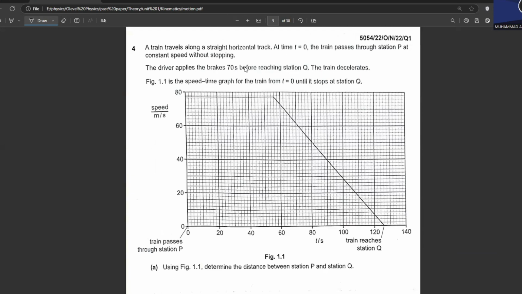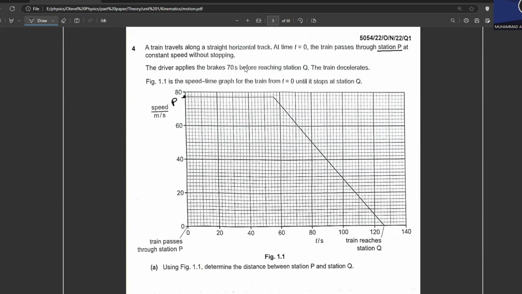A train travels along a straight horizontal track. At time t = 0, the train passes through station P at constant speed without stopping. The driver applies the brakes 70 seconds before reaching station Q, and the train decelerates.